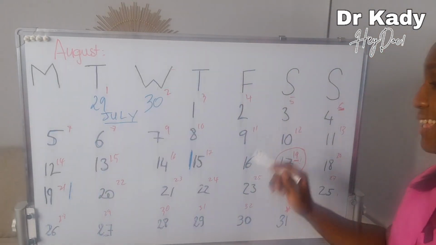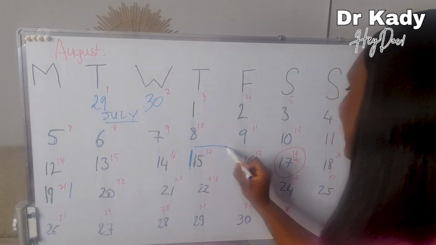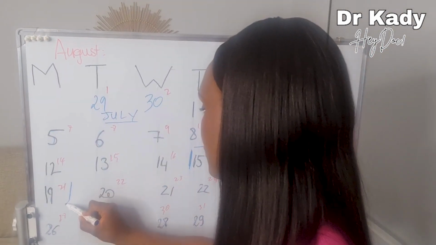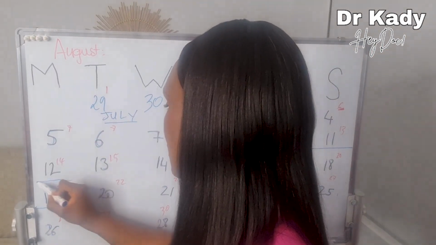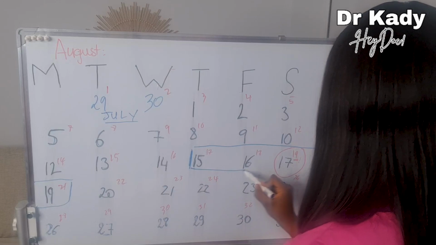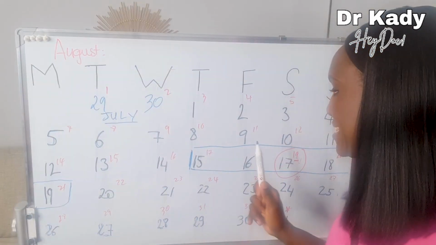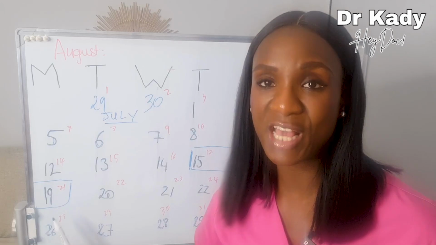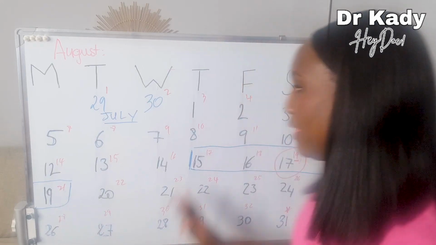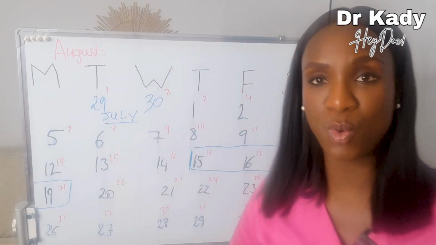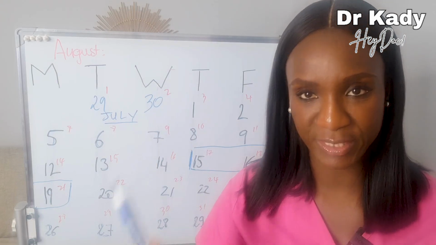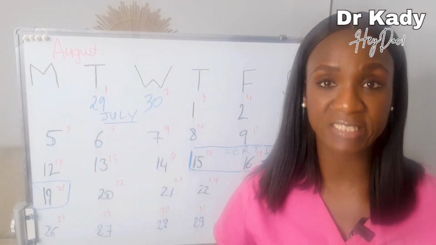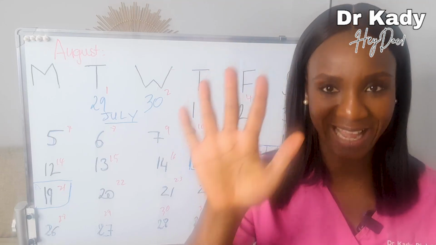So this is considered to be her fertile window. From the 17th day of that cycle right through to the 21st day of that cycle, this period is known as the fertile window. Remembering that sperm cells can survive in a female reproductive tract for 5 days.